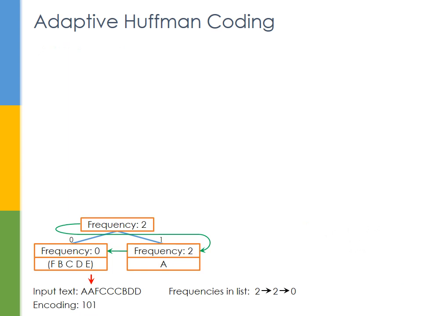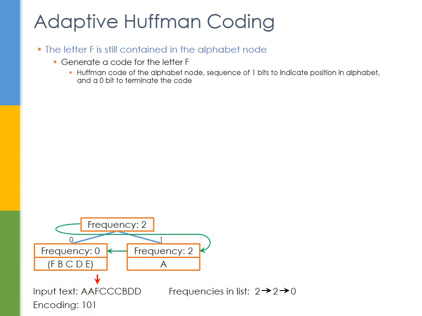We're now ready to move on to the third letter of our input text, so we move on to the letter F. If we check the alphabet node, we see that the letter F is contained within the alphabet, which means we first of all need to generate an encoding for the letter F. To do this, we first need to generate the Huffman code for the alphabet node, and we do this by traversing from the root node down to the alphabet node.